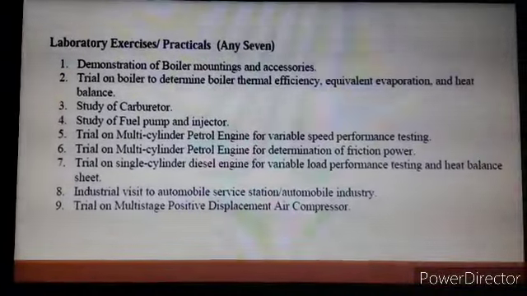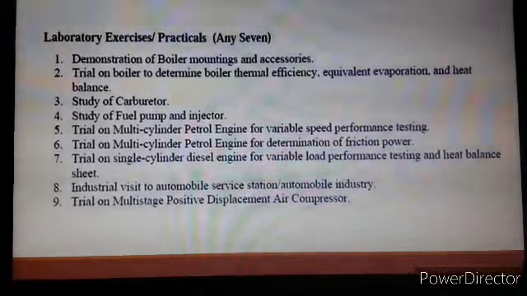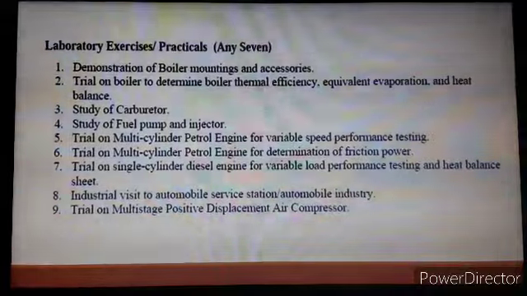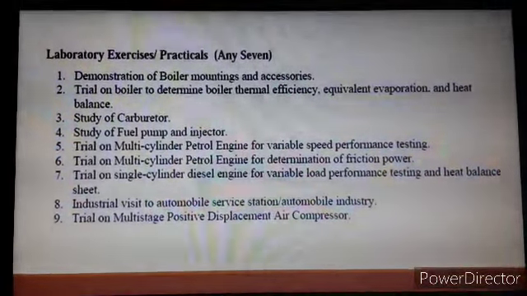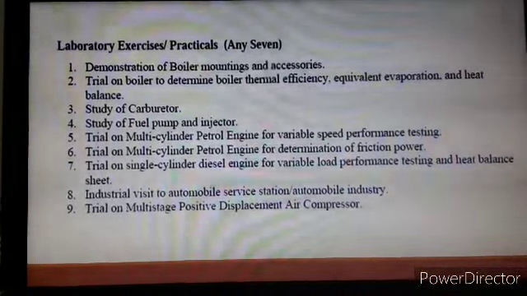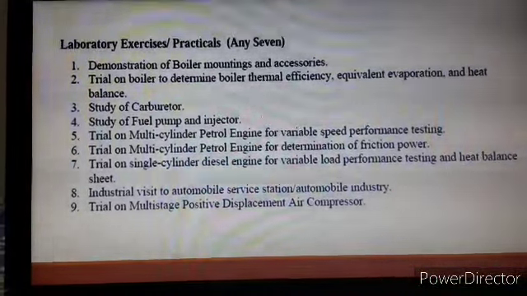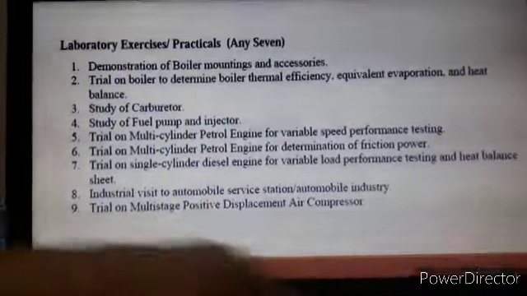Non-positive displacement compressor is also referred to as dynamic compressor. So as per syllabus, we have the trial on positive displacement compressor. Again, trial on multi-stage positive displacement air compressor. So under multi-stage positive displacement air compressor, we have to conduct the trial here on multi-stage reciprocating air compressor.